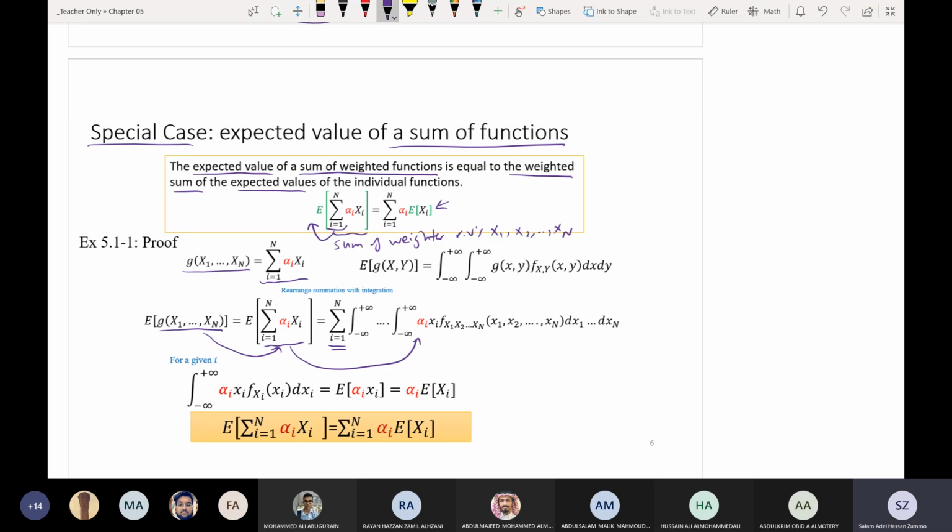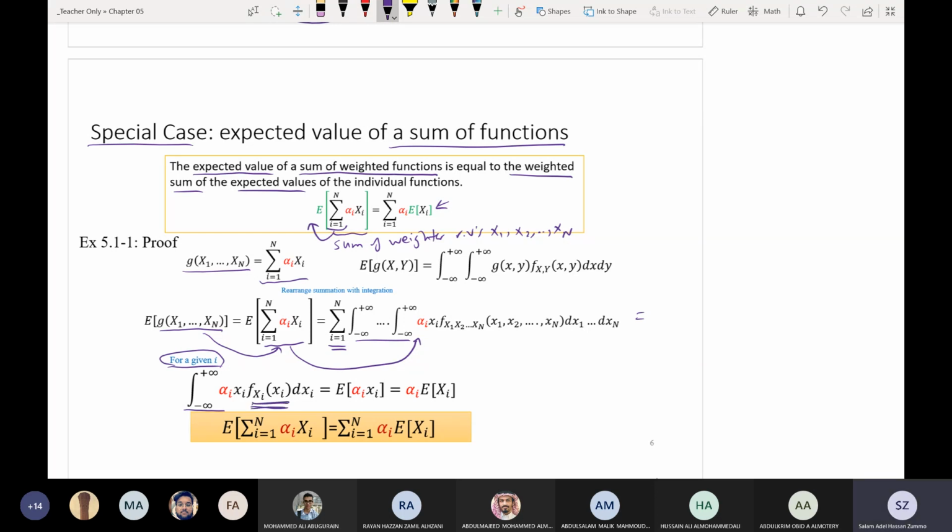So for every i here, what do I have? I have an n-fold integral of alpha i xi and so on. If I integrate alpha i xi fx, this is equal to the summation i equal 1 to n, as if I'm integrating a single integral. For a given i, all these integrals will become only one integral, because the rest will give you the marginal f xi.